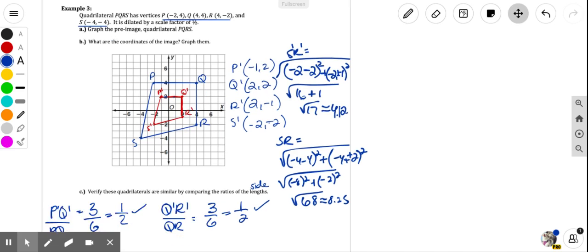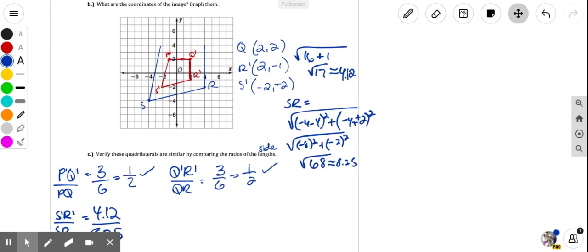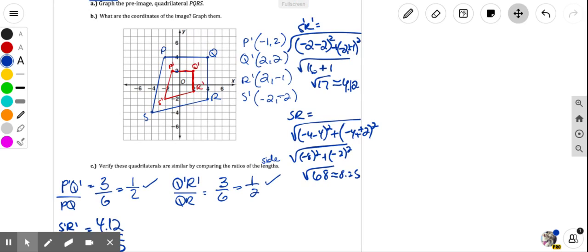This 8.25 was rounded up, so it's pretty accurate. So now that's going to be 4.12 over 8.25. For the sake of this video, I'm not going to do all of them just so it's not super long, but you would do the same thing.